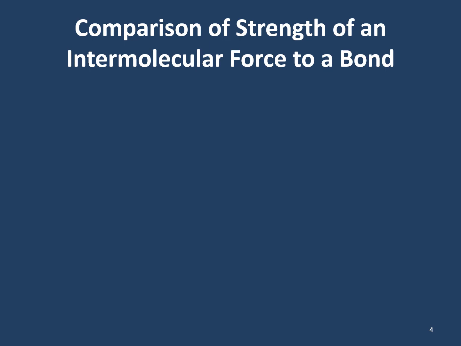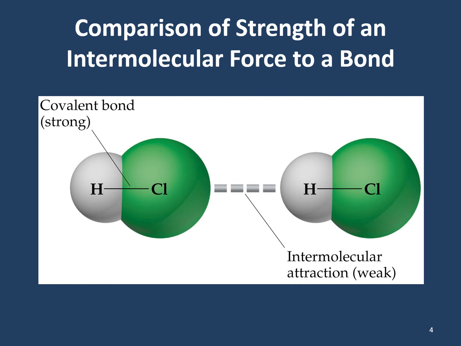Okay, so let's just talk a little bit about how intermolecular forces are so much weaker than a full-on chemical bond. If we look here between these two HCl molecules, we have a covalent bond right here holding the H and the Cl together, also right there. And if we look at the bond strength of that HCl bond, we have a bond enthalpy of about 432 kilojoules per mole.